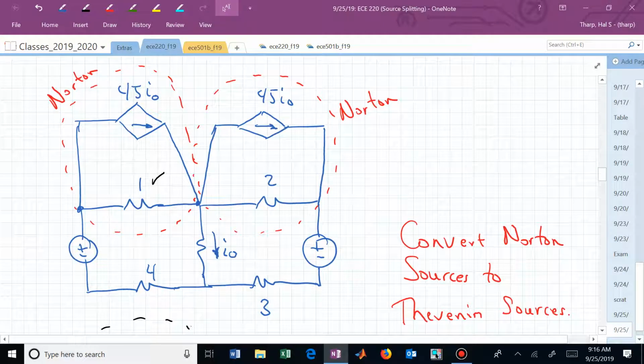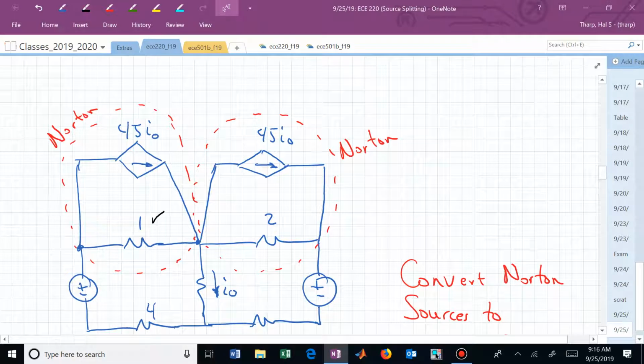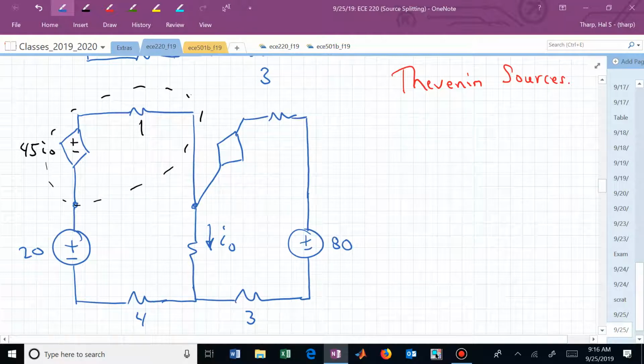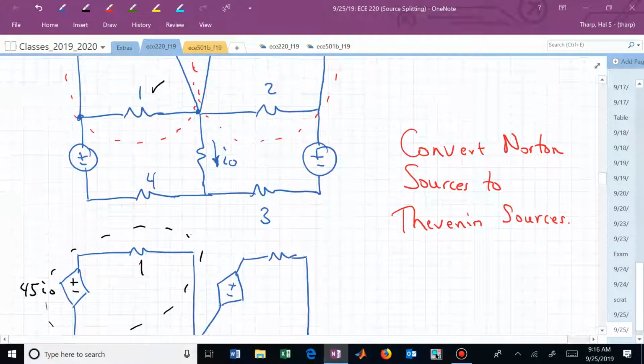If I replace this one, the Norton source on the right, with its Thevenin source, hopefully now you see that it looks like this. I'm going to break it off a little bit, but emphasize that it's there. What's the resistor value?